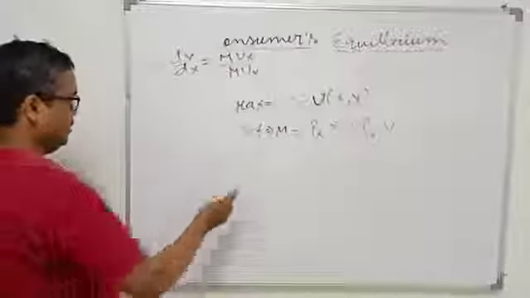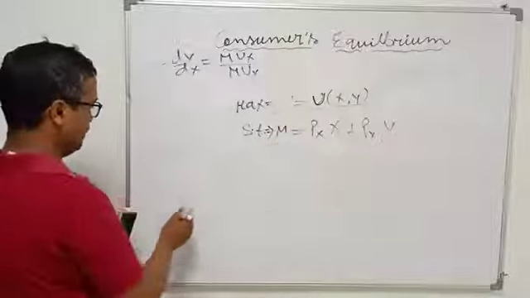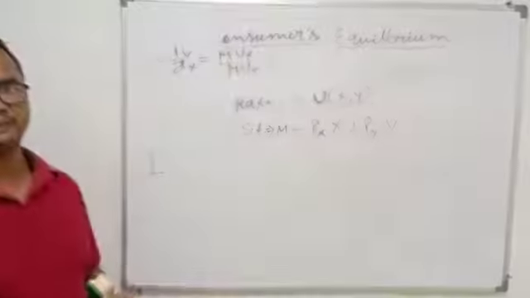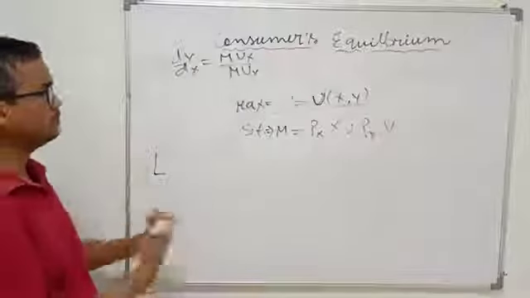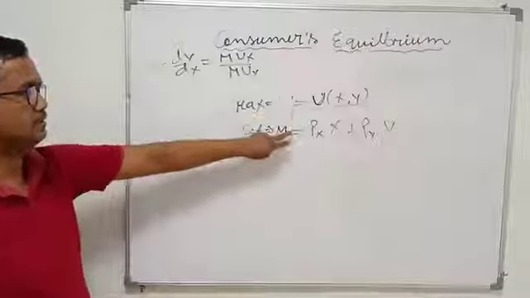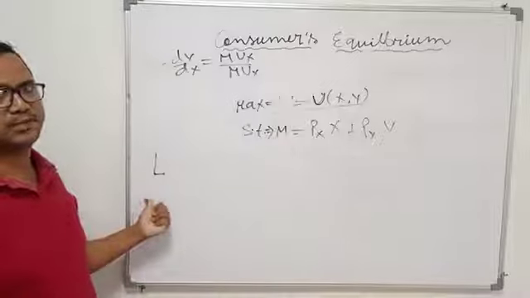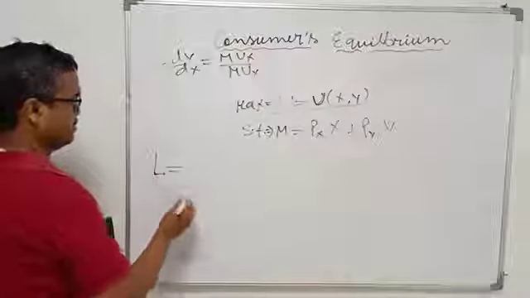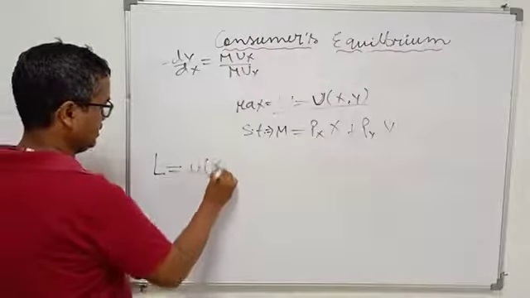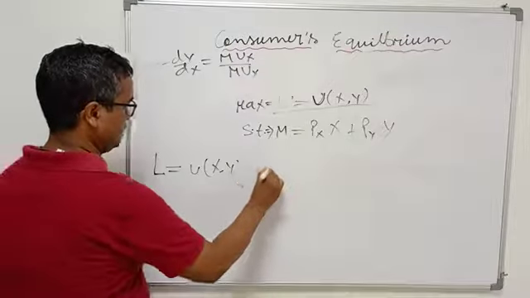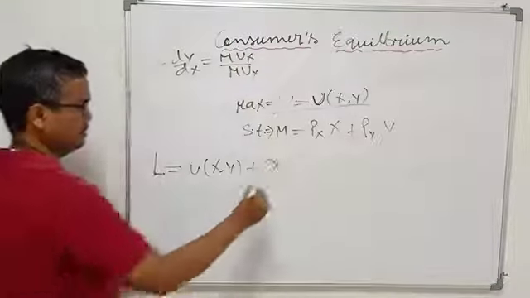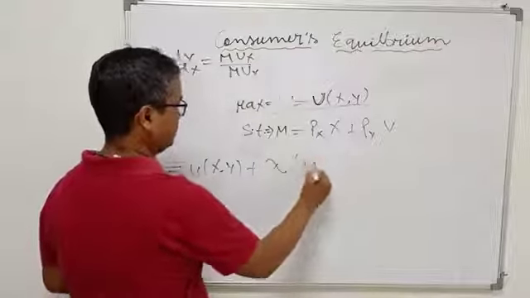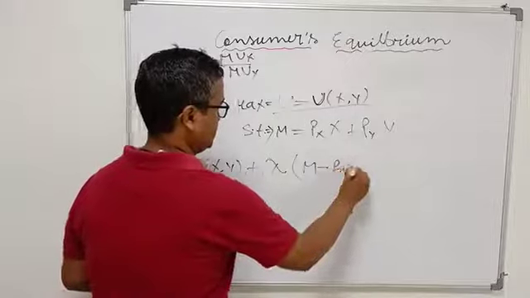For that purpose, where the constraint is in equality form, you have to use the concept of Lagrangian multiplier. First you have to convert these two equations into a Lagrangian function. I am giving the name L for the Lagrangian function. How can we write this? We can write U plus lambda, then just from this equation I am writing that one.